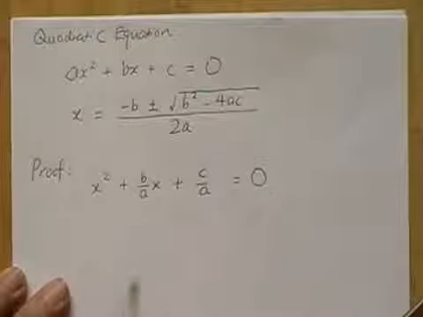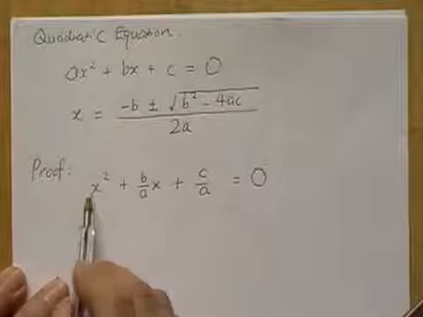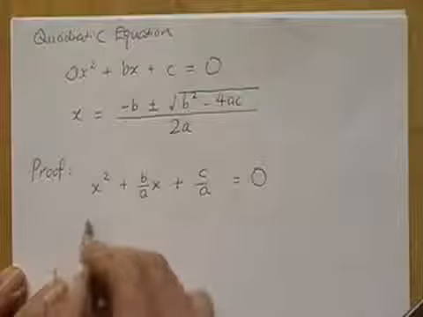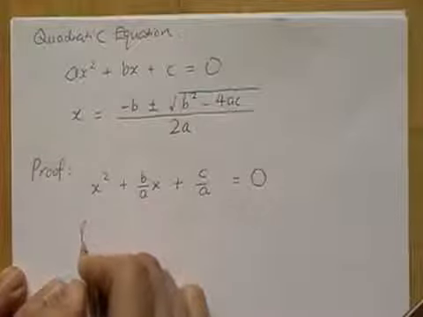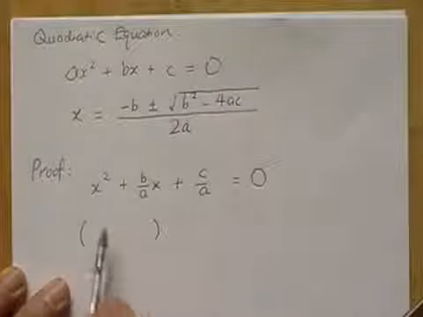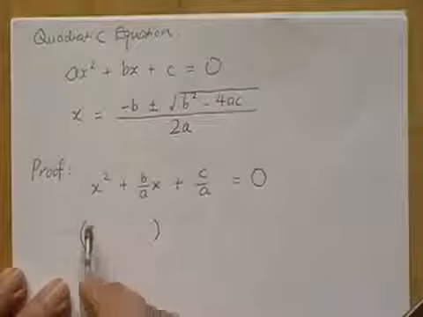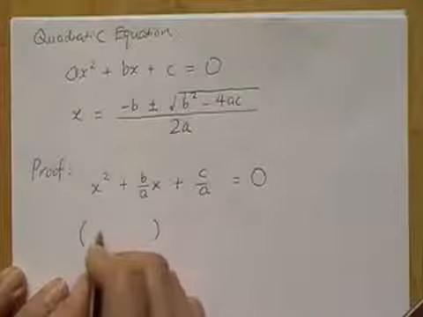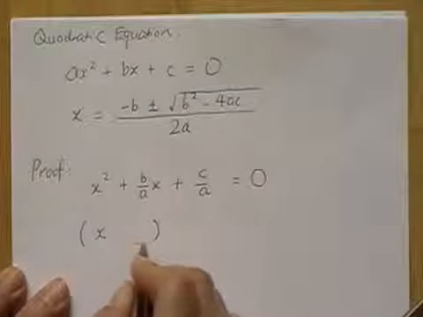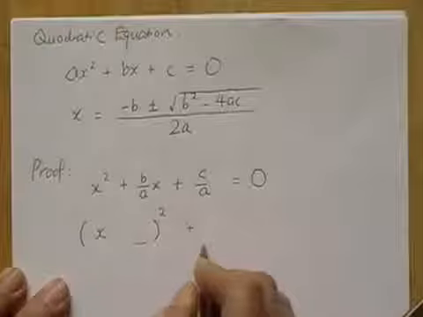So in the first step to completing the square, we want to have just x squared in the expression. Now in the next step, I want to rewrite this in a form where I have a bracket of x plus something, squared, plus something.